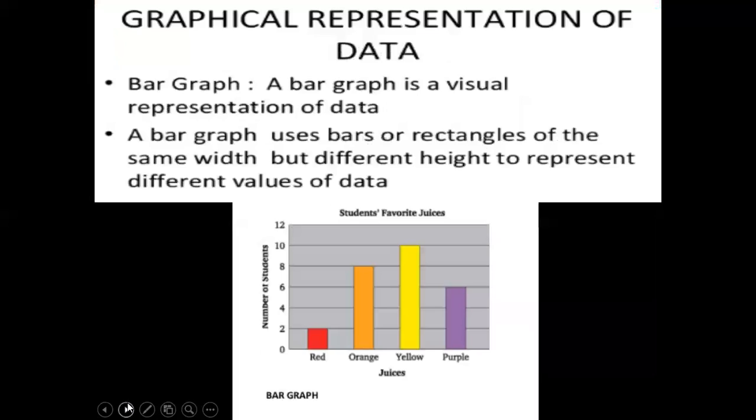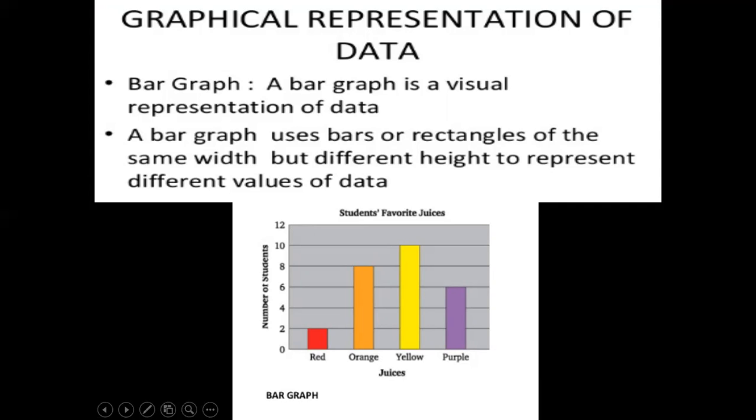Now, let us understand what else we are going to learn in this particular chapter. Graphical representation of data. Now, there are different ways a data can be represented graphically, but in grade 9, chapter 14 statistics, we shall be discussing the graphical representation of data using bar graphs.